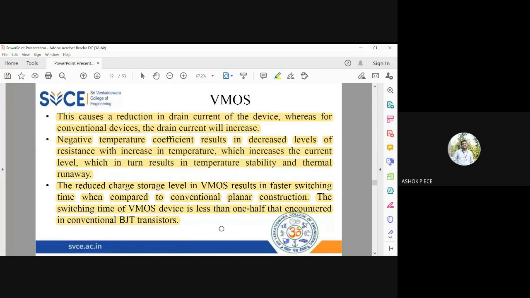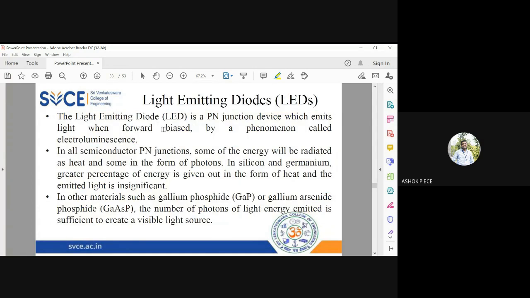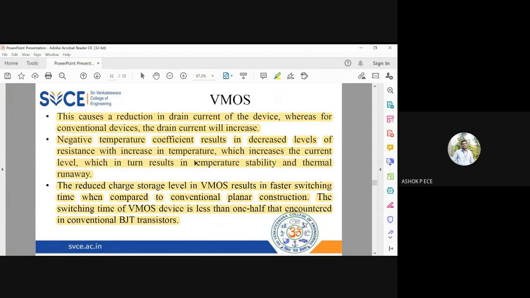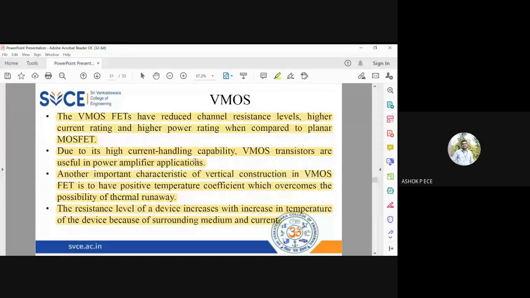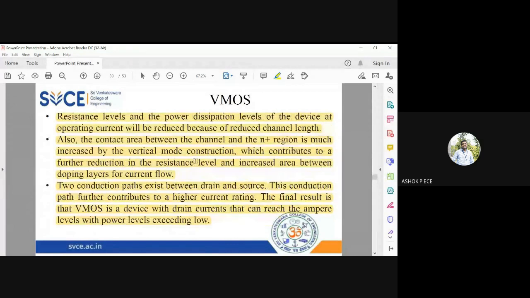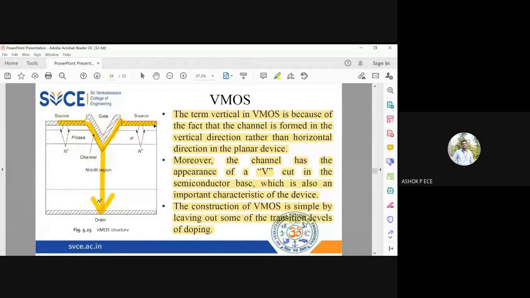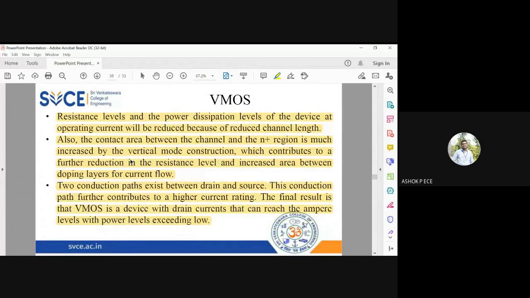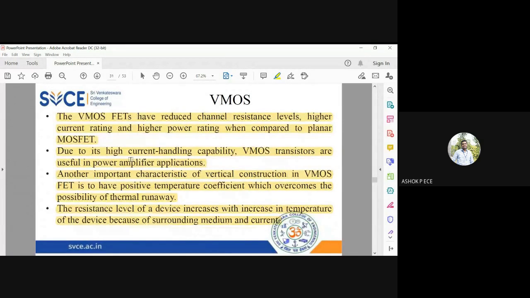So the maximum value is reduced by half, and it will be even less by choosing this vertical structure of construction. Conventional planar devices are very, very slow. By choosing this vertical layer of construction and having a V-type channel below the gate, we are ensuring the faster operation of the MOSFET.